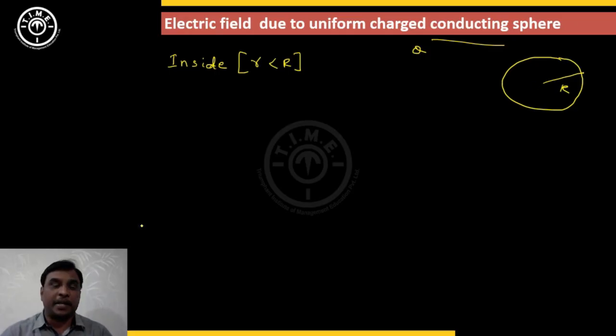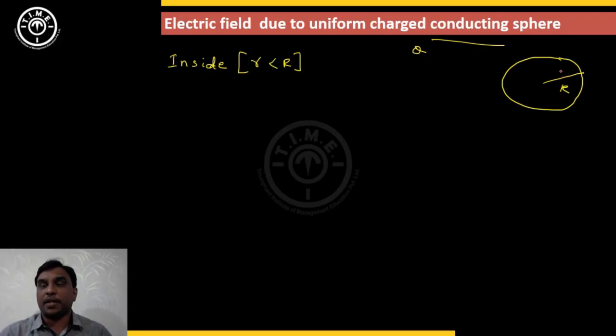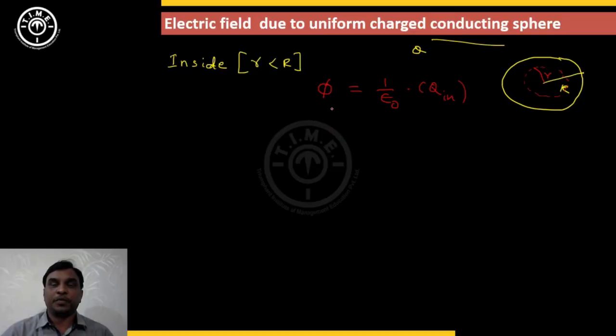Let me draw one Gaussian sphere inside, whose radius is smaller. For the Gaussian sphere, the flux is equal to 1 by epsilon naught times the total charge enclosed.